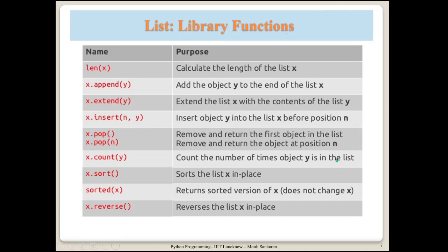Now, what is pop? Remove and return the first object in the list. When you pop it out, that object is removed from the list, and the reference to that first object is returned.